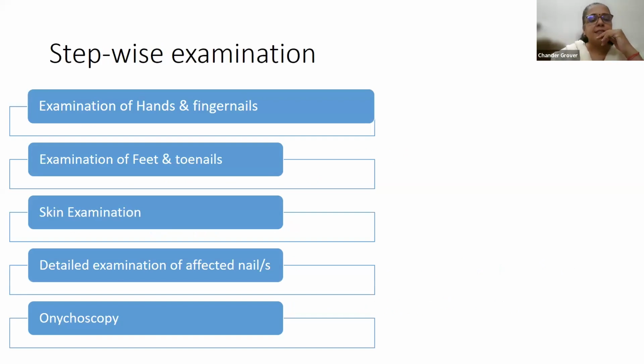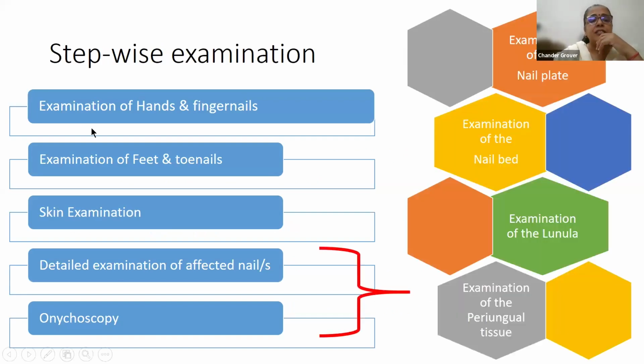So stepwise examination within the systems, and then when you're doing it for the nail, you move from examination of the most obvious part, that is the plate, then to the bed which is lying underneath and you can see it through the translucent nail plate, then to the lunula, which may not be visible in all the nails. It represents the distal most part of the matrix, the portion of interest for us.